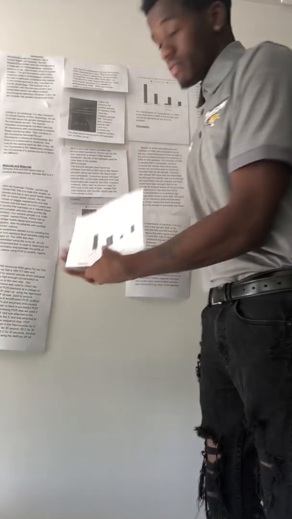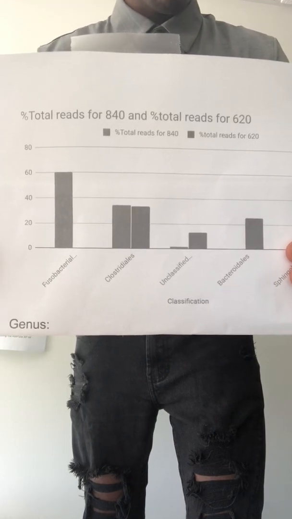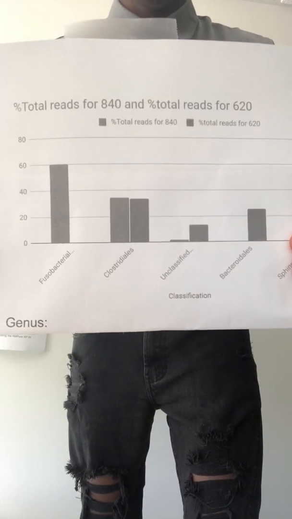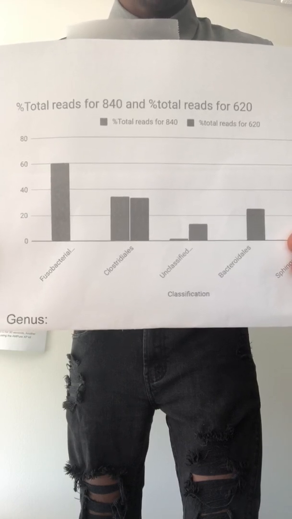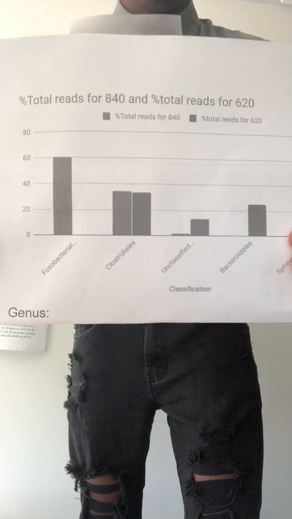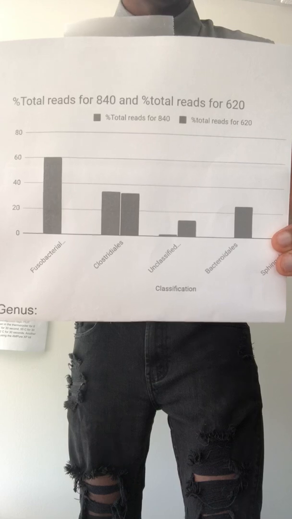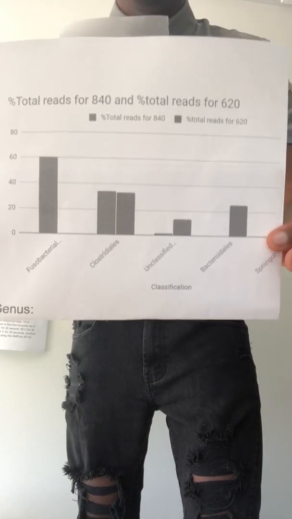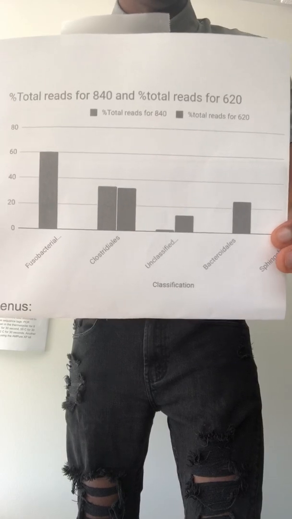In our order graph, there were 3 out of 6 bacterial orders that were common: Clostridiales, unclassified, and Bacteroidales. The percentages were very different. For example, Bacteroidales was only 0.15% of sample 840's reads, but 25% of sample 620's reads.